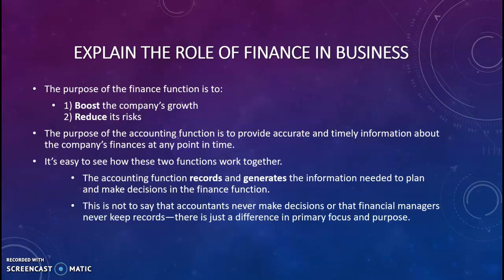The purpose of the accounting function is to provide accurate and timely information. It's nothing worse than if the CEO was going into a board meeting saying, hey, this is where we're going in the next couple of months, and we don't have the funds there. It would be similar to the president standing up and saying we're going to give everybody in the country the stimulus payment.